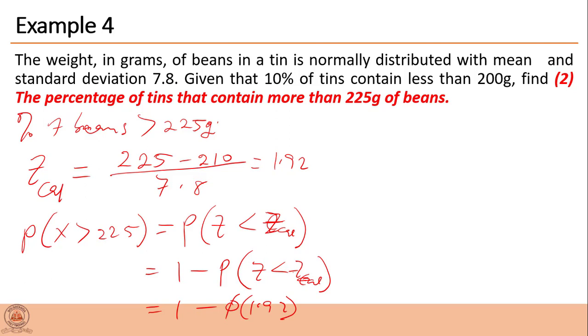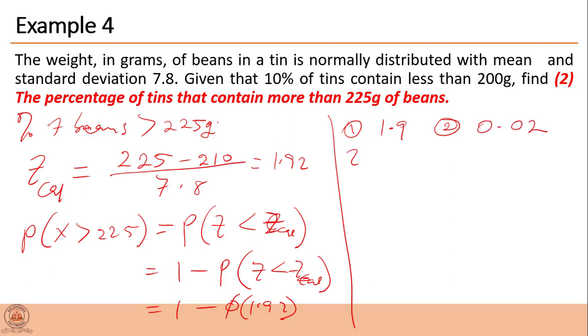Now at this time, we are not going to look for 1.92 inside the probability values and trace them upwards, outwards. We are now going to look for two things. One, the first digit and the first decimal, that is 1.9, and then second, the second decimal, that is 0.02.